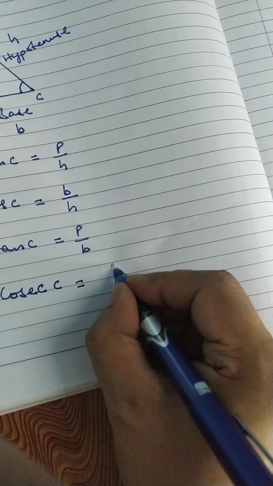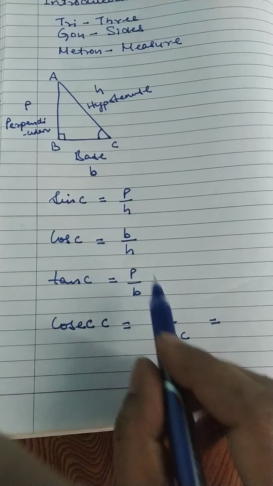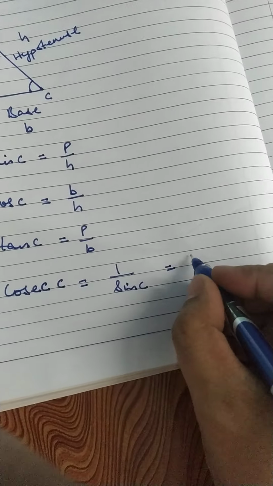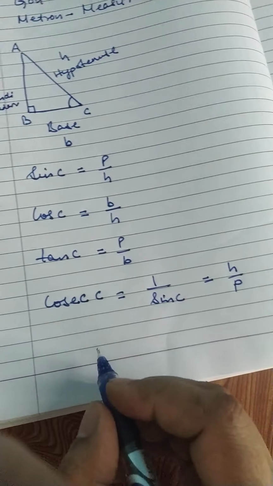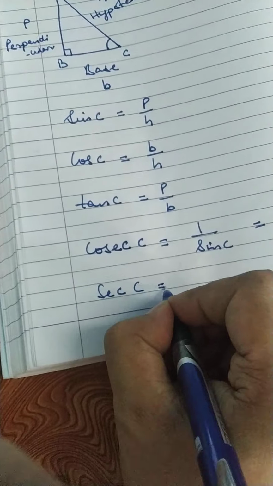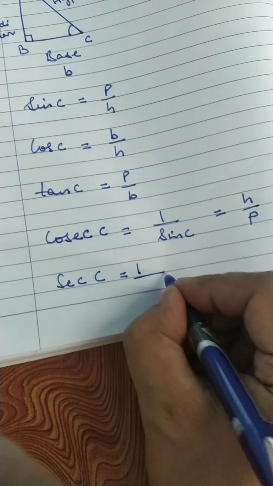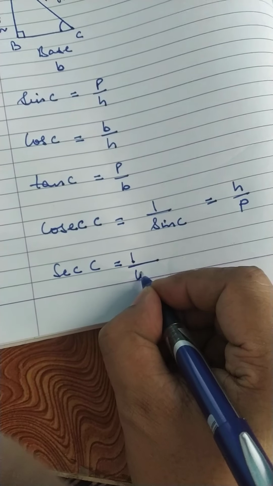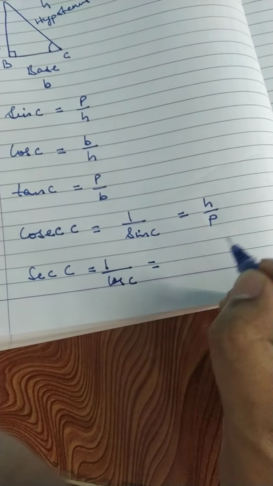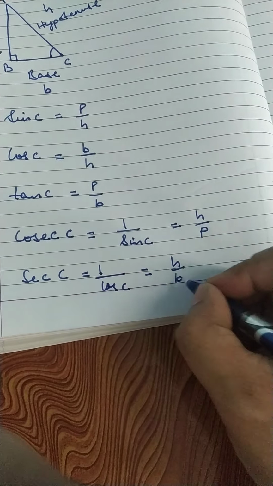So cosec C is 1 by sine C. That means sine C is P by H, so cosec C will be H by P. Now sec C is the reciprocal of cos C, so this will be equal to H by B, hypotenuse by base.